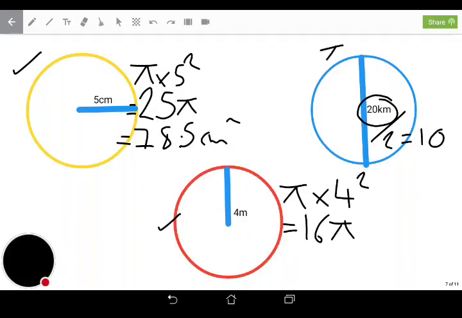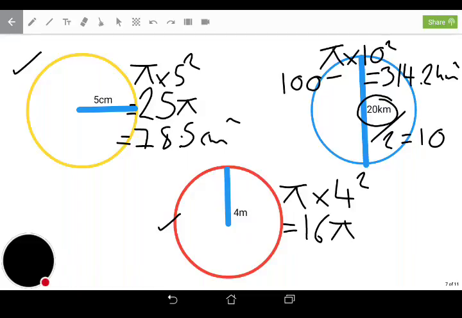So I would do pi times 10 squared, which would give me 314.2 kilometers squared. Or, if it wanted me to leave it in terms of pi, I would leave it as 100 pi.